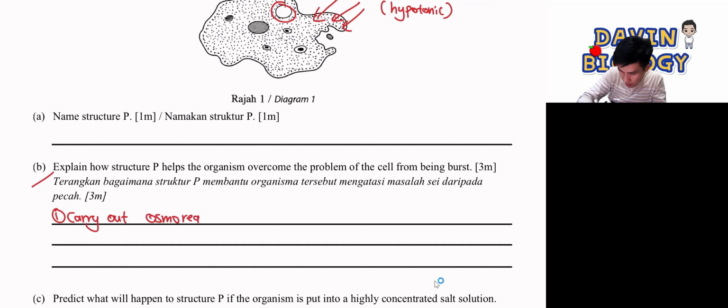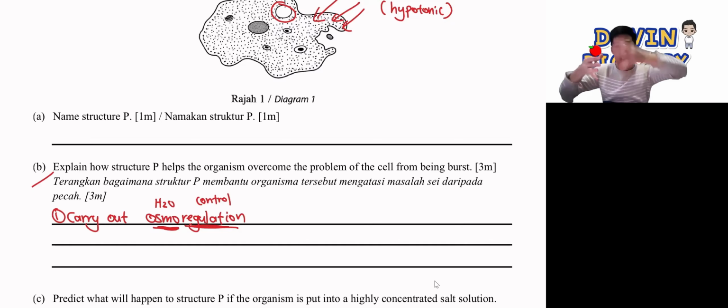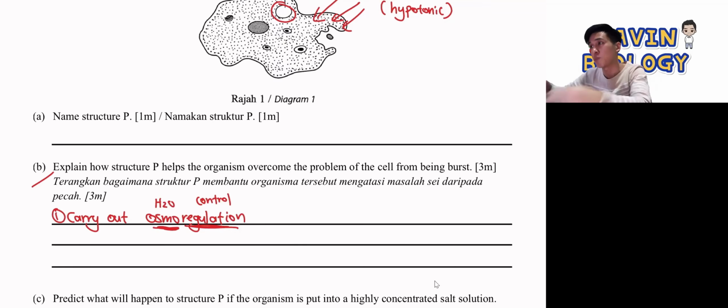Osmo means water. Regulate means you control. Basically, it's like your bladder. When you drink too much water, your bladder accumulates all your excess water and then you go to the toilet and release it. This is called osmoregulation. We control the water. So now we're going to explain how they do that.